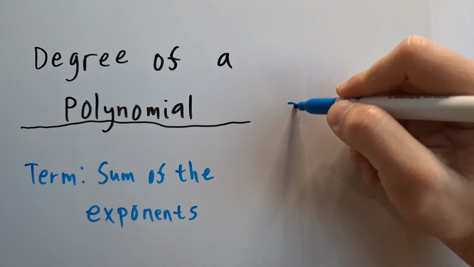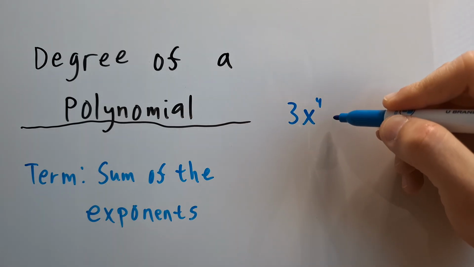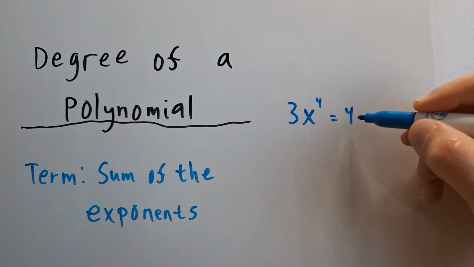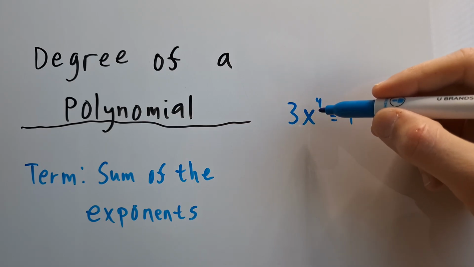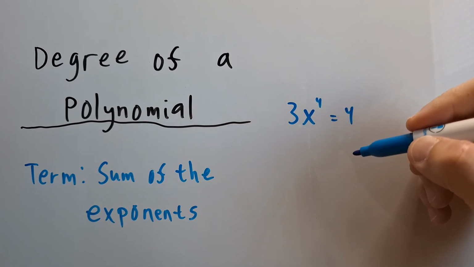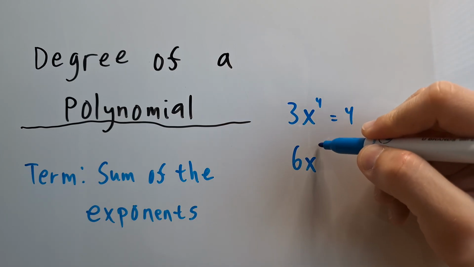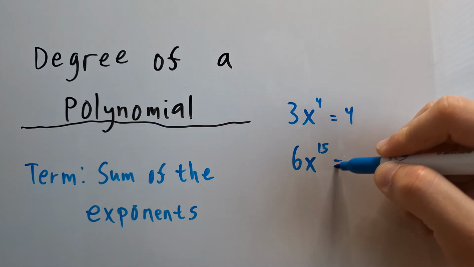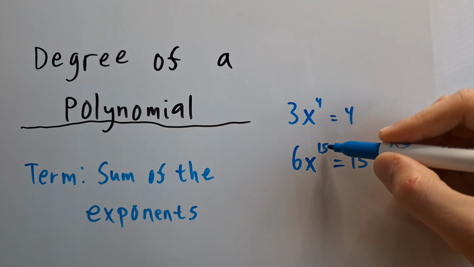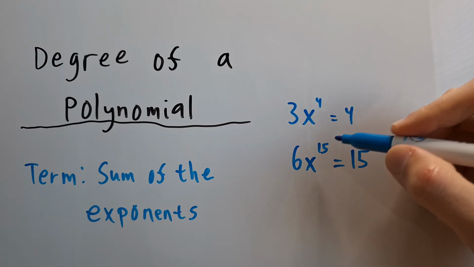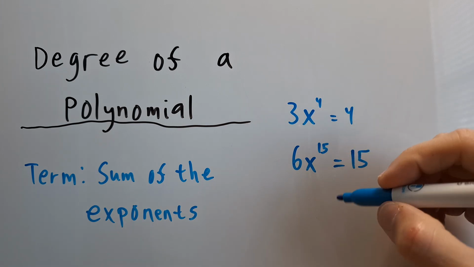If I had 3x to the power of 4, this degree is 4 because the exponent value is 4 for this polynomial. If I had 6x to the power of 15, this degree would be 15 because that is the highest exponent value for this polynomial.